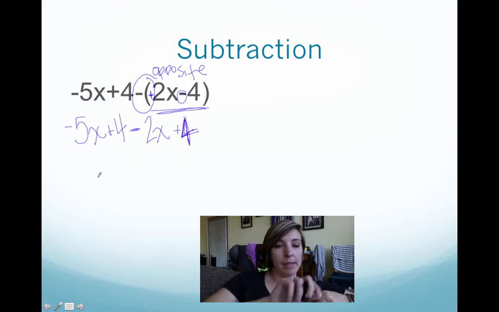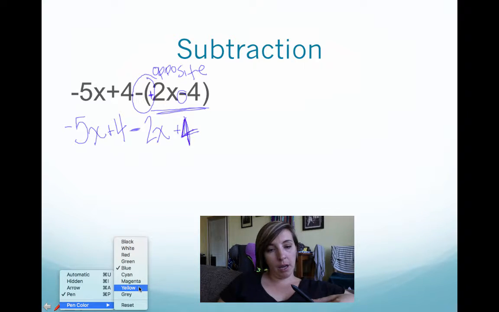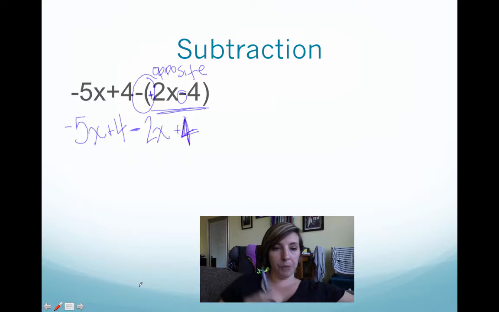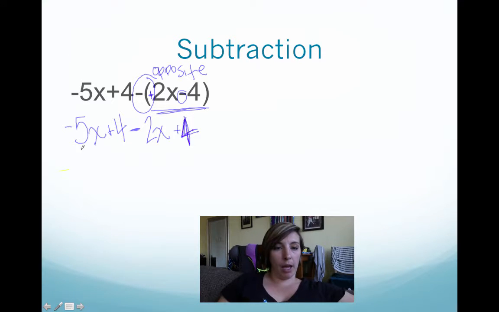So let's combine these like terms. Again, I cannot combine my negative 5x and my positive 4 because those are not like terms. So I'm going to combine my minus 5x and my minus 2x.